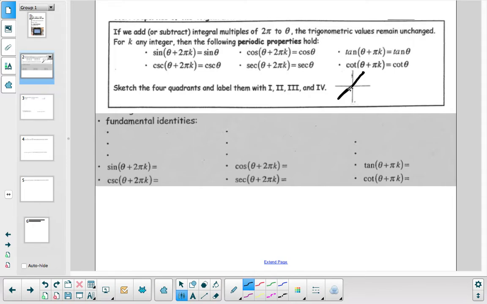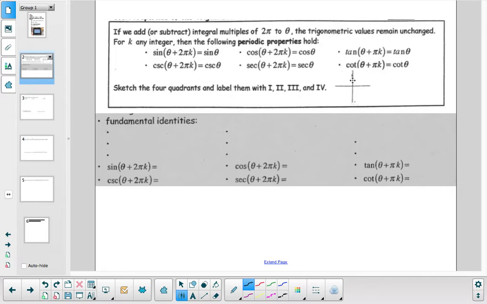Again, tangent's another way of describing slope. And the difference between this angle and this angle is pi. So if I add pi to this side, I get over here. And this works for any location of tangent. And cotangent is just the reciprocal of tangent, so its period is also pi.